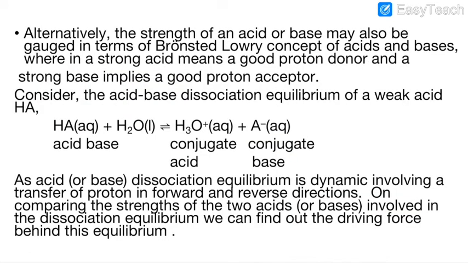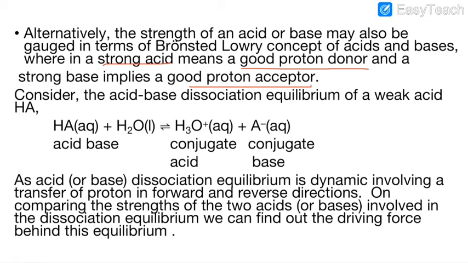Alternatively, the strength of an acid or base may also be determined in terms of the Bronsted-Lowry concept of acids and bases, wherein a strong acid means a good proton donor and a strong base means a good proton acceptor.